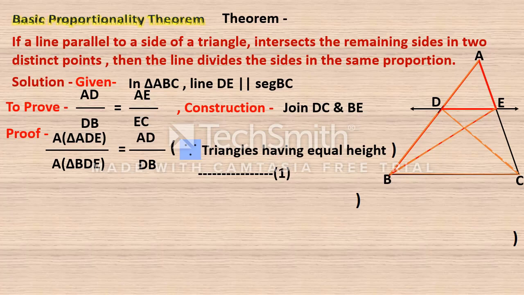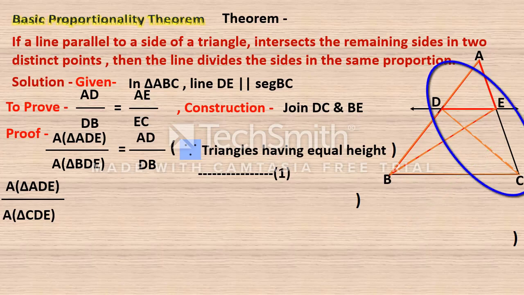Then tell the name of the triangle including side AE. That is triangle ADE, so area of triangle ADE divided by, tell the name of the triangle including side EC, that is triangle CDE.